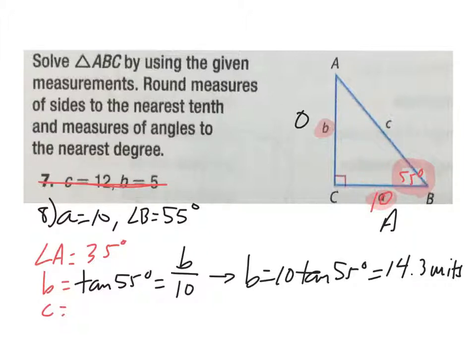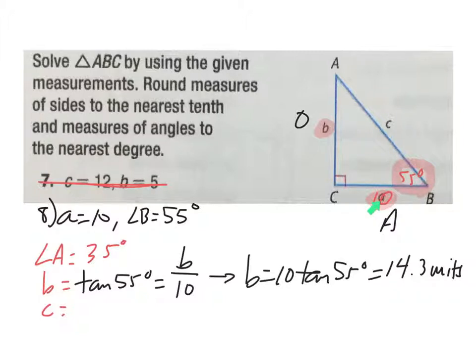I could use sine, opposite over hypotenuse, excuse me. The one thing I would caution you against, same as the other one, is that if you mess this up and use it, you're going to get the wrong thing. If it was me, I would use the cosine because it would give me the side that I need.